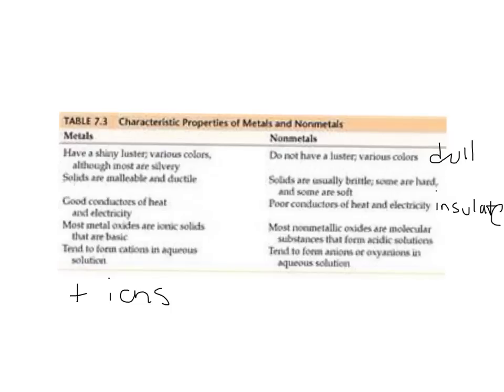And they tend to form negatively charged ions called anions. Now, of course, there's a third category here. There are the metalloids. And the metalloids are unique because under certain conditions they can have properties of both metals and nonmetals.